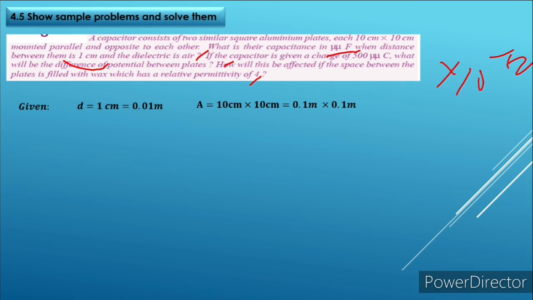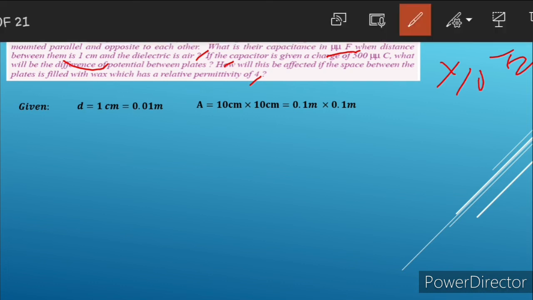For the first unknown, what is their capacitance in microfarad when the distance between them is 1 centimeter and the dielectric is air? Since the given dielectric is air, the relative permittivity is 1. For that unknown, we will be using this formula: C is equal to absolute permittivity times relative permittivity times area over the distance.